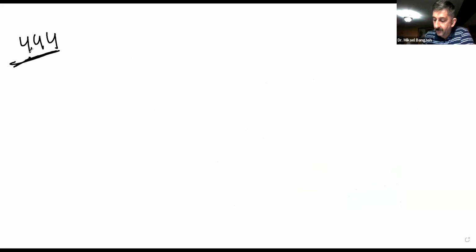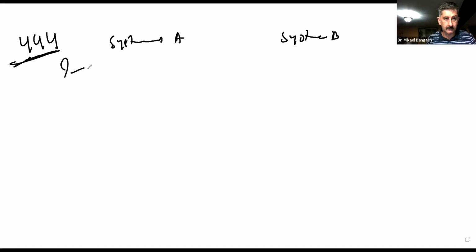Question number 444. Now we have two systems, system A and system B. Two digital scan converters are undergoing evaluation. Both produce images of the same size, which is 10 square inch.